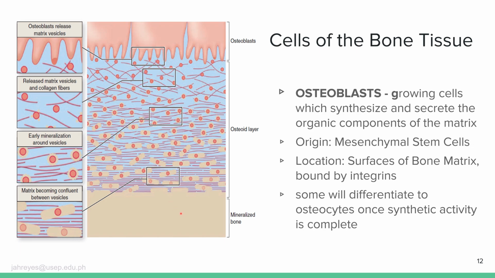Deeper into that layer is where the calcification or the mineralized matrix will be found. So if we observe them under the microscope, since they are not immediately calcified, they will appear as light staining matrix, while the mineralized matrix will stain heavily with the eosin part of the H&E staining.